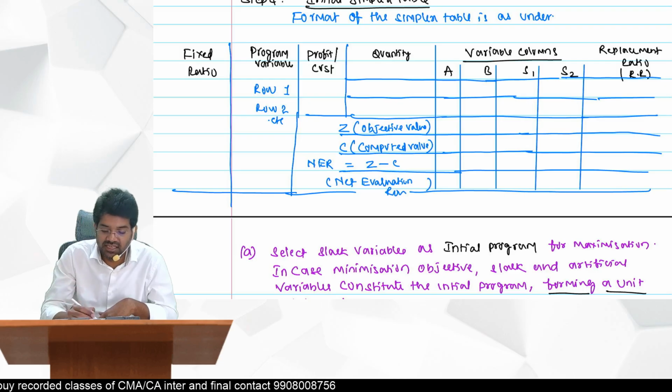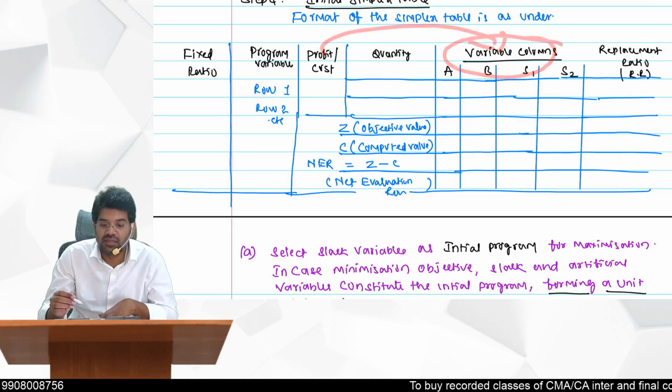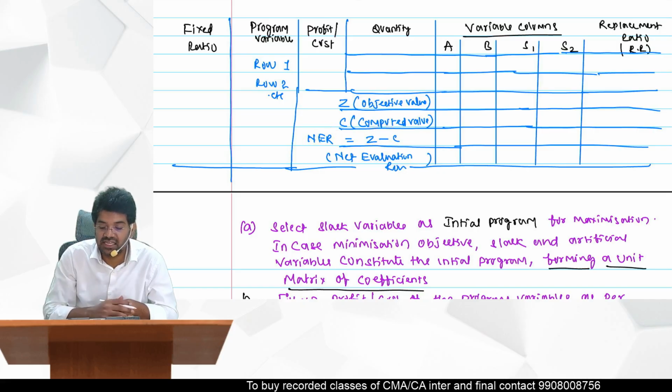To get this C value, this profit or cost per unit we should multiply with these variables, and if you take the sum, then you get NER. NER represents Z minus C. Okay, yes.